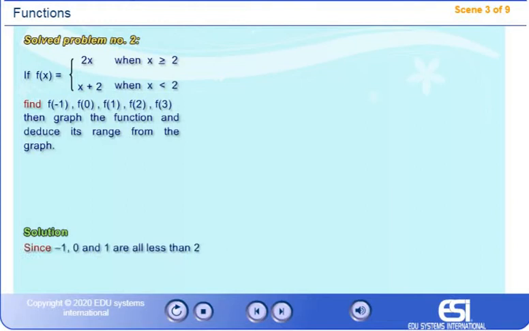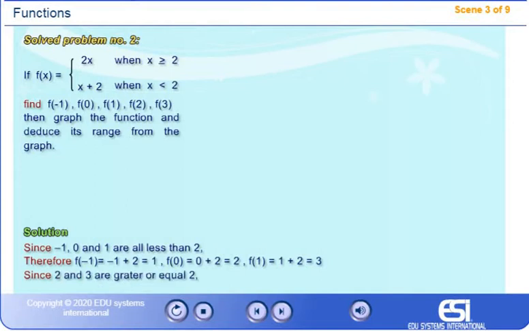Since negative 1, 0 and 1 are all less than 2, therefore, f of negative 1 equals negative 1 plus 2 equals 1. f of 0 equals 0 plus 2 equals 2. And f of 1 equals 1 plus 2 equals 3.